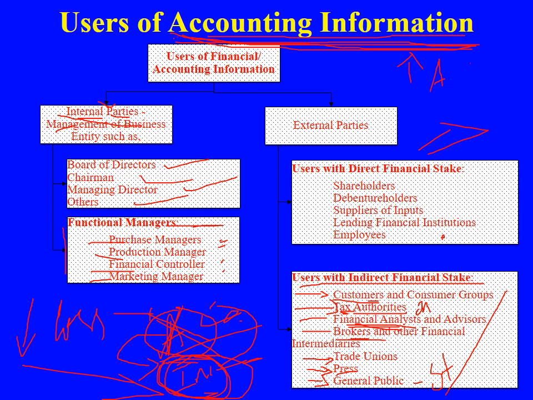These trade unions also want to know the company's performance, their pricing policies, their goods and the demand for the goods, the profitability, the credibility of the company, everything. So they need accounting information. Then the press, in order to inform the general public at large about the company's performance. So the press, the media, also need accounting information.